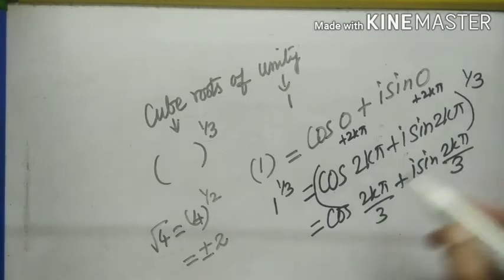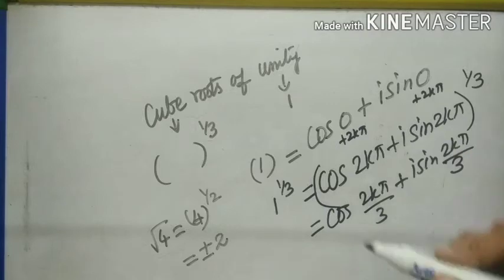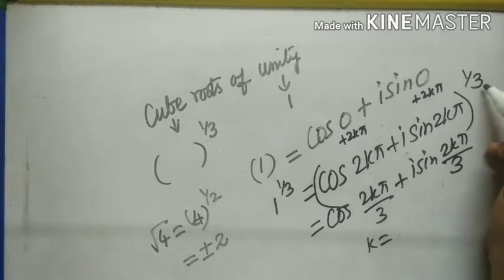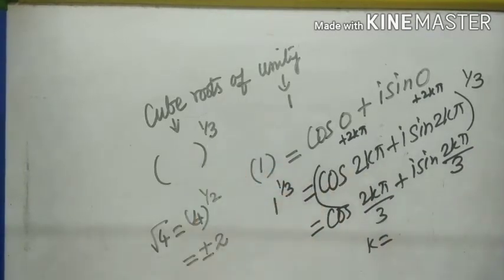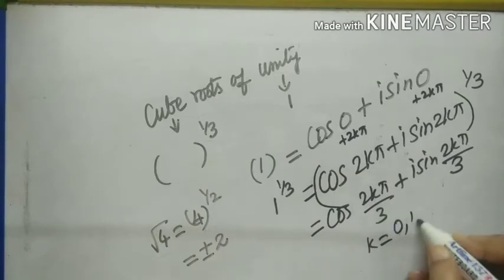So power will be multiplied with the argument. And once I bring the power in, put k value depending on the denominator. If denominator is 3 in the given question, k will be 0, 1, 2.